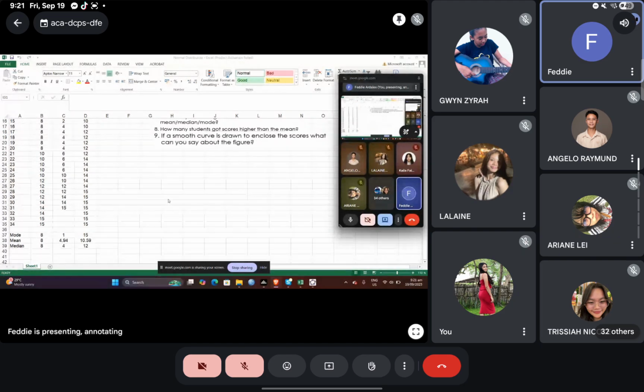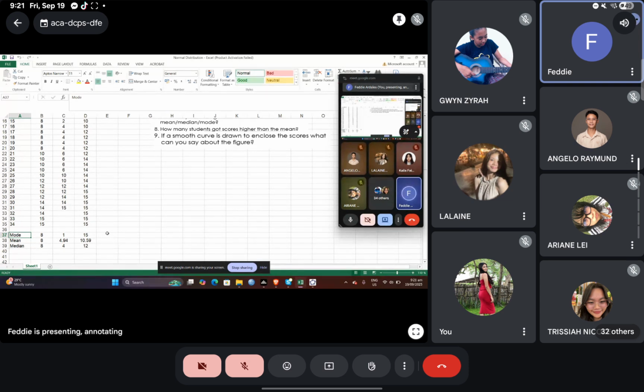And group 3, the most frequent data is 15. So what I did here was simply compute the mode of each group. Group 1 has a mode of 8, mean of 8, median of 8.